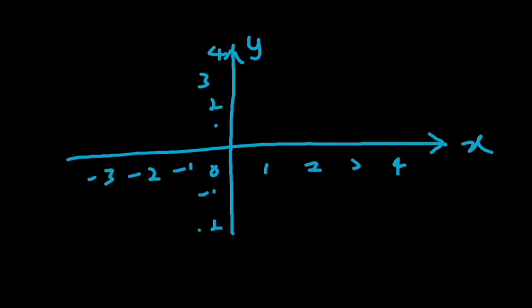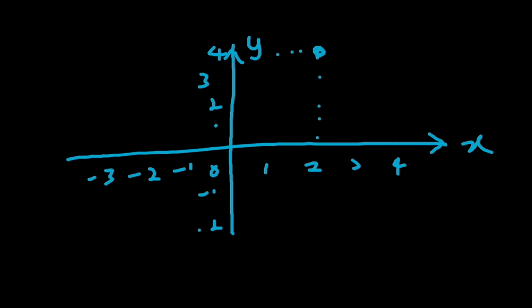Now the first point R was given as 2, 4, meaning that we are going to take 2 steps on the x-axis and look for the point of intersection at 4. That is 4 steps on the y-axis. And the point of intersection will be this point.